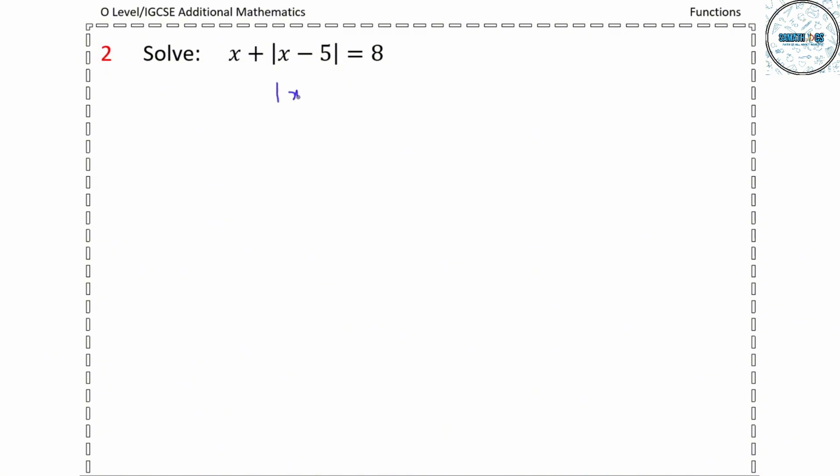So it will become the absolute value of x minus 5 is equal to 8 minus x. Now we will write x minus 5 is equal to 8 minus x, and x minus 5 is equal to minus 8 plus x.